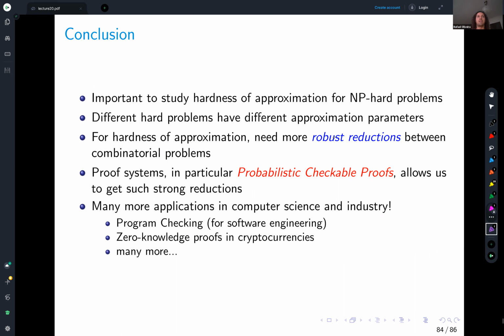So having probabilistic checkable proofs is good. For example, they're being used today for zero knowledge proofs in cryptocurrencies, and also in games and other transactions, and many more applications. If you want to learn more about it, I'm happy to talk about it after class.